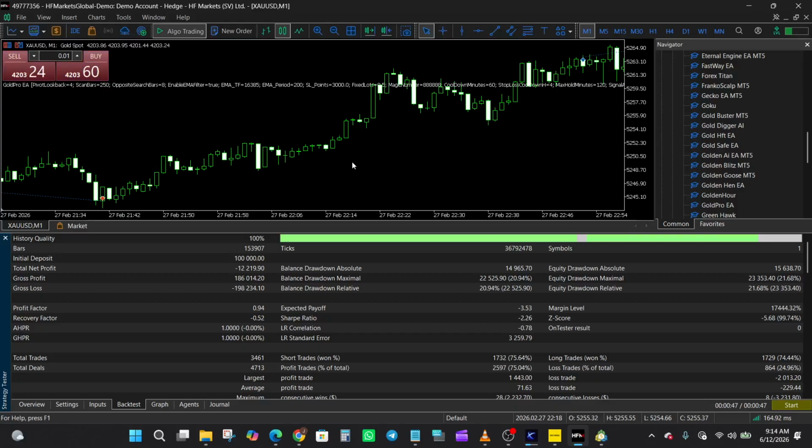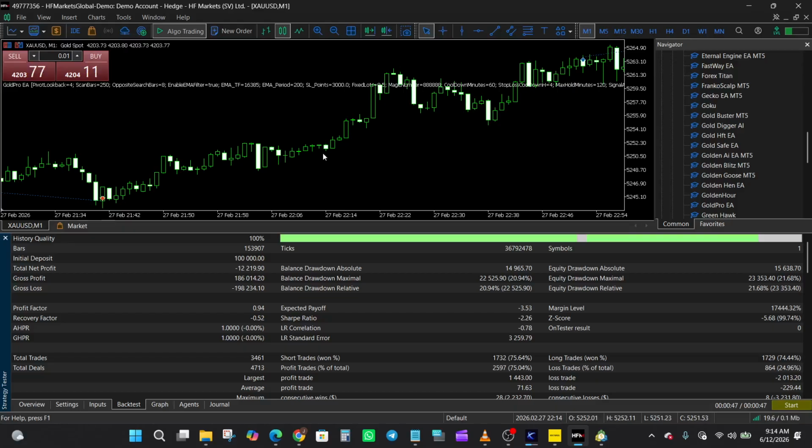Longer historical analysis often provides a clearer picture of consistency and risk exposure, and as always, historical backtest results should be viewed as historical testing performance only. All right, actual results can vary depending on lot size, broker execution, spread conditions, slippage, market volatility, optimization choices, and overall market conditions.